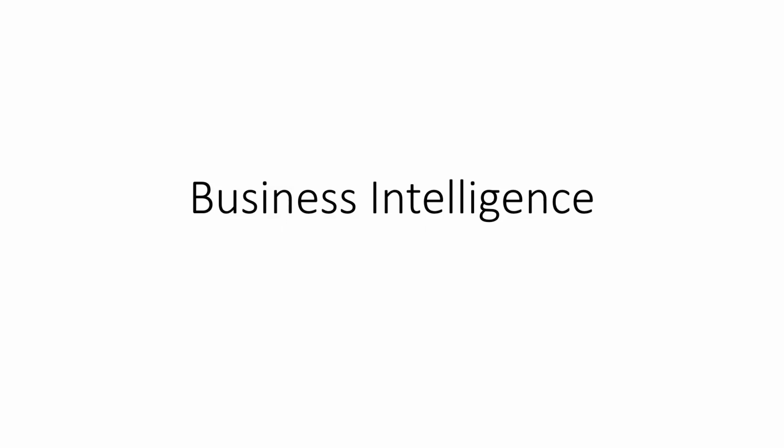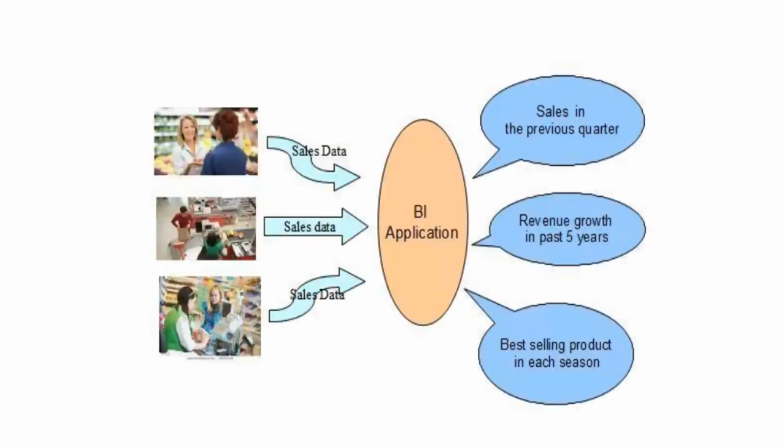Okay, let me just go to the chapters. So business intelligence, in short form, is called BI application. It's required in every field of data. So what do BI applications actually do? It's an example on top of maybe a shopping mall industry.